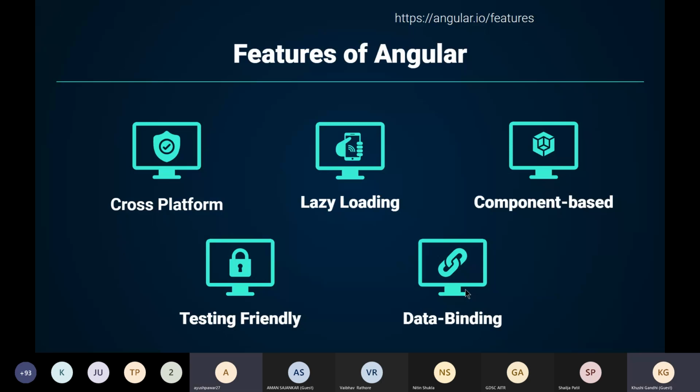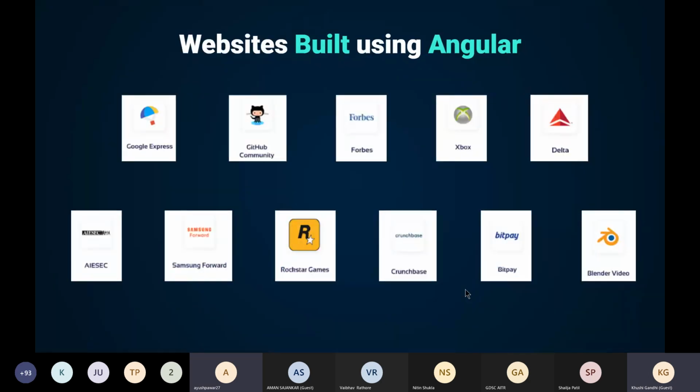Lastly, data binding. Angular enables users to effortlessly move data from JavaScript code to the view and react to user events without having to write any code manually. For example, if we look at these websites that are built using Angular, there are many popular websites. As you can see, there is Google, Express, GitHub, Community, Forbes, etc.